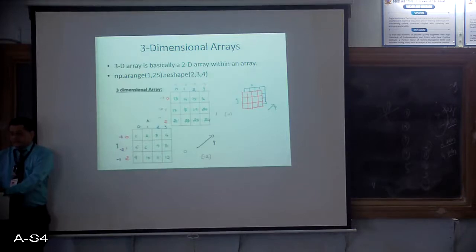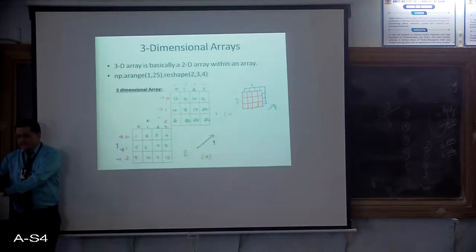So it looks like this, that is outermost dimension, its indices are 0 and 1. Inner dimension is a 3 by 4 array, so its indices are 0, 1, 2 and 0, 1, 2, 3. Now this is i, this is j and this is k.